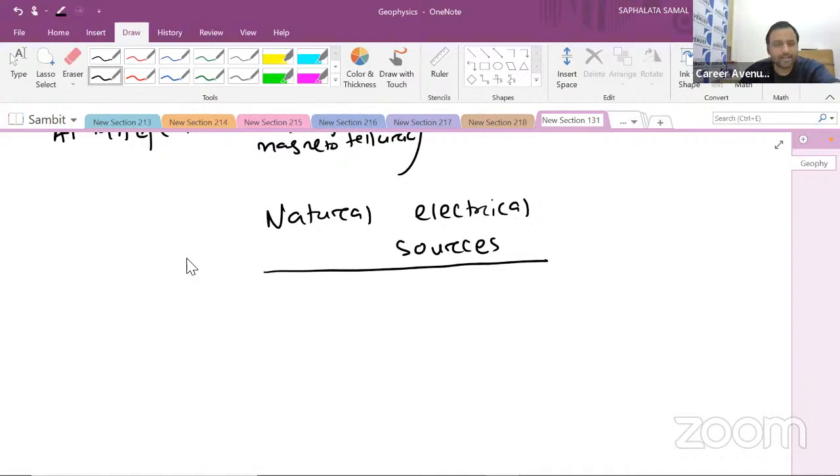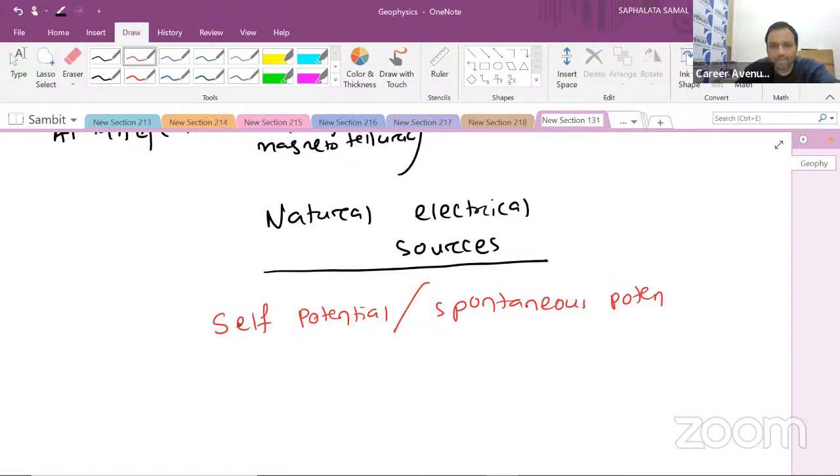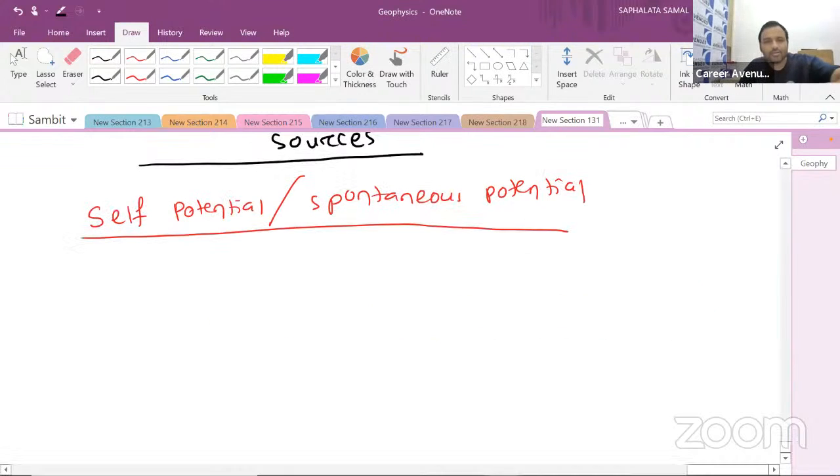In the natural electrical sources, first we'll discuss the self-potential method. Self-potential, or spontaneous potential. These are the inherent potential differences found inside the earth.